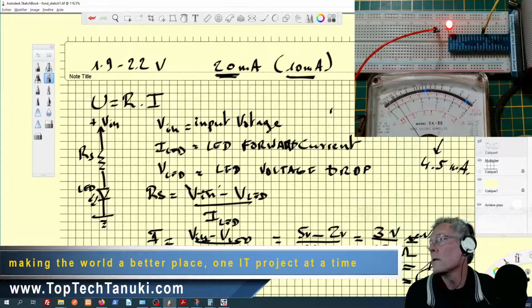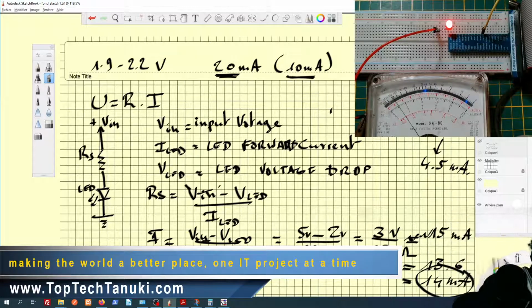Yes, and we have about, what is it, 2.6, yes.